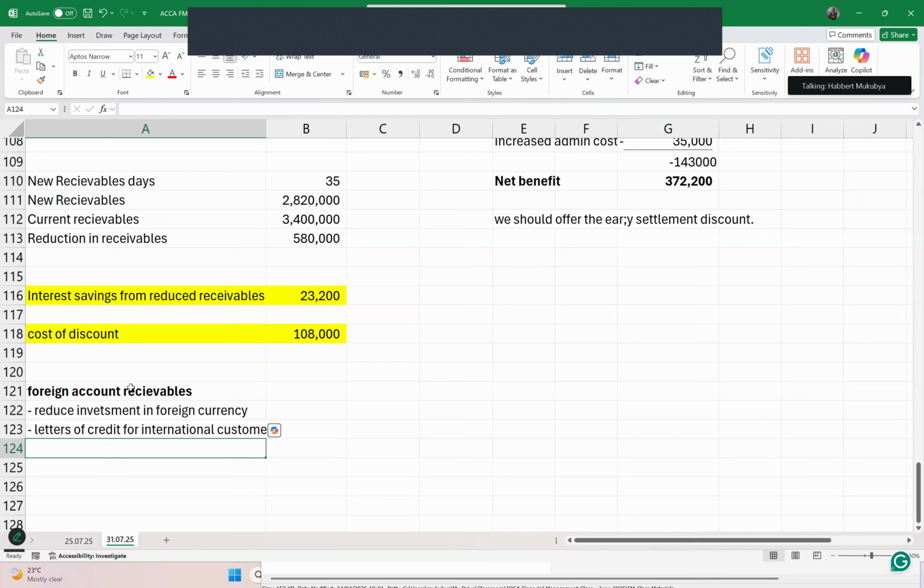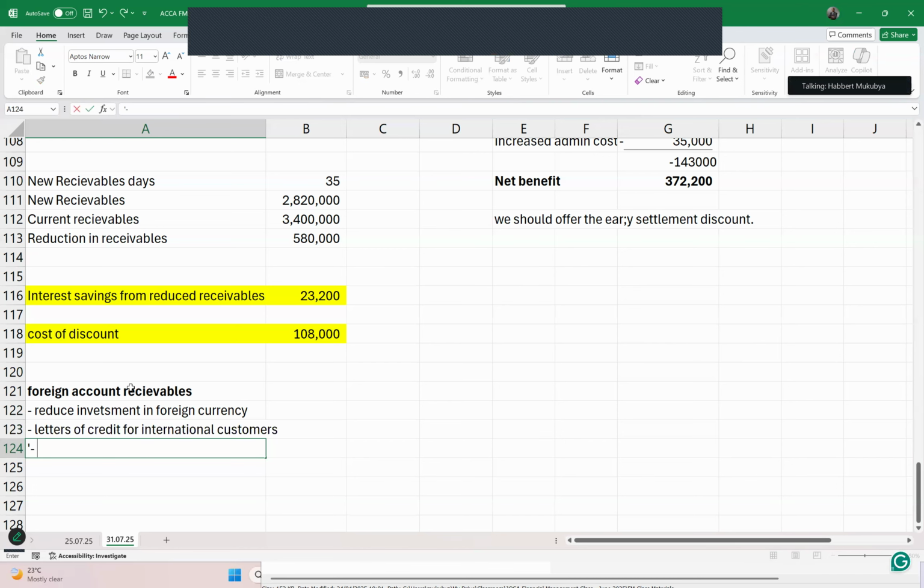Letters of credit are usually given by a bank, and basically that carries the connotation that the bank says this person is creditworthy and willing to pay. Basically, you are guaranteeing that the person is going to pay the money.